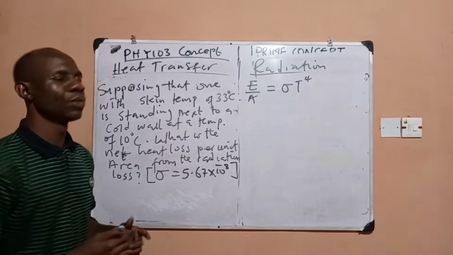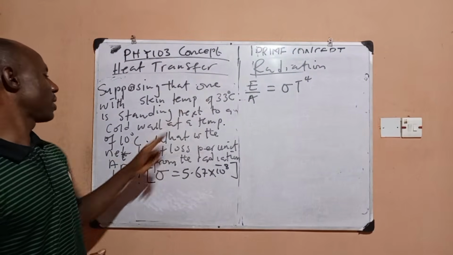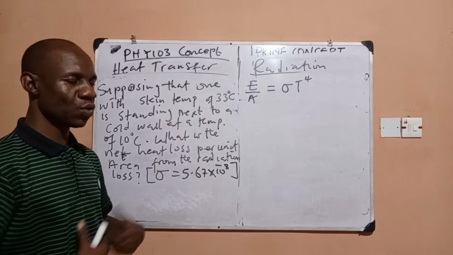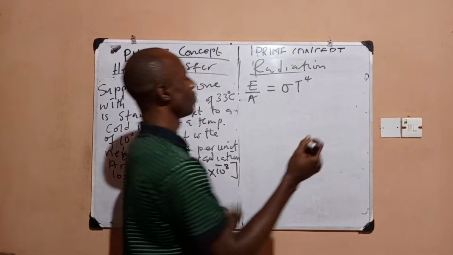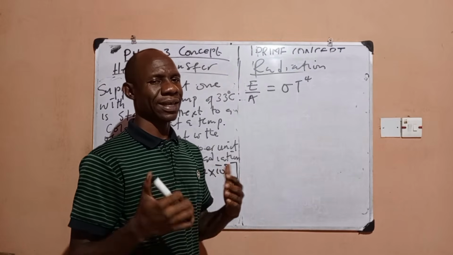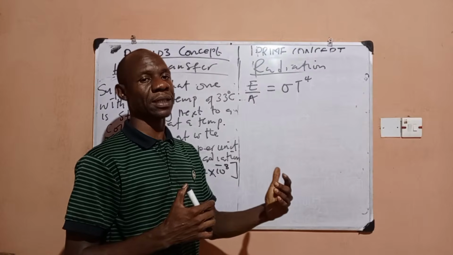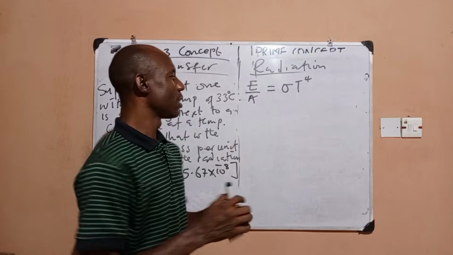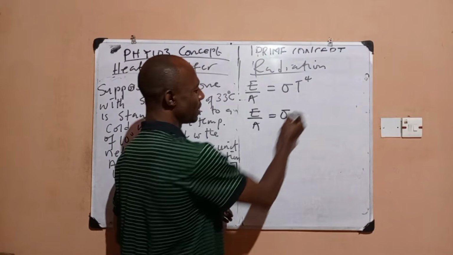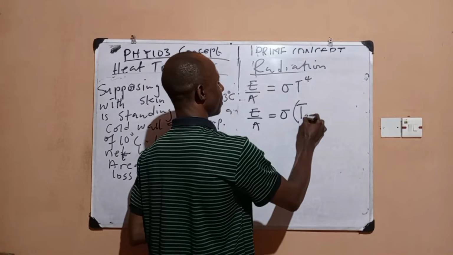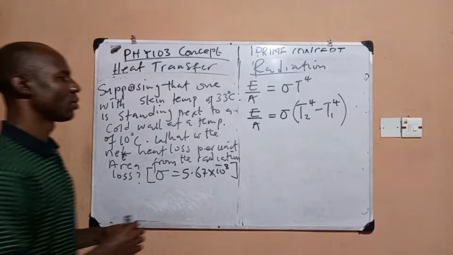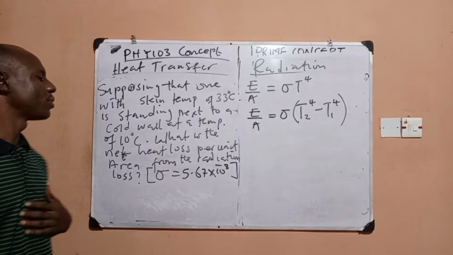But anytime you're dealing with 2 different temperatures, one body close to another body radiating heat, the heat transfer between the bodies is given by the Stefan-Boltzmann law. In that case, E over A would be this times T2 raised to power 4 minus T1 raised to power 4.